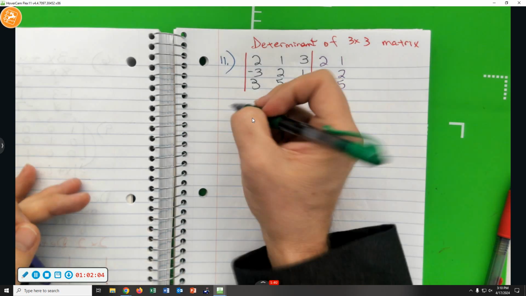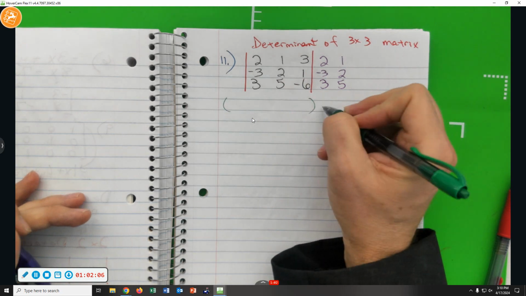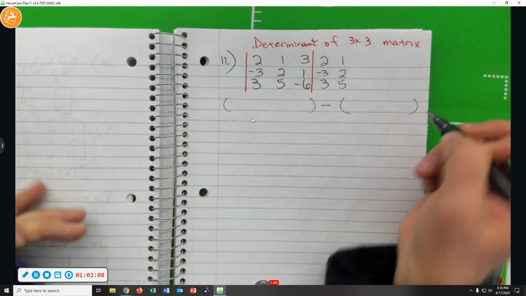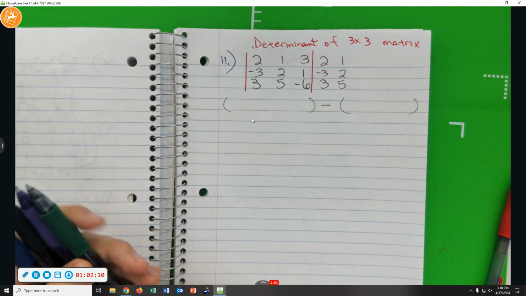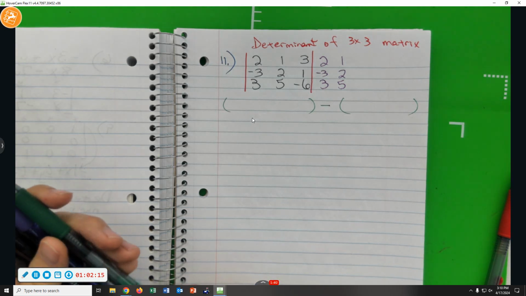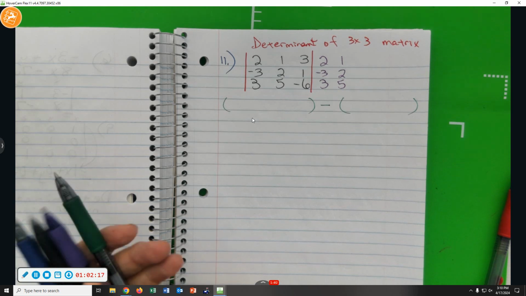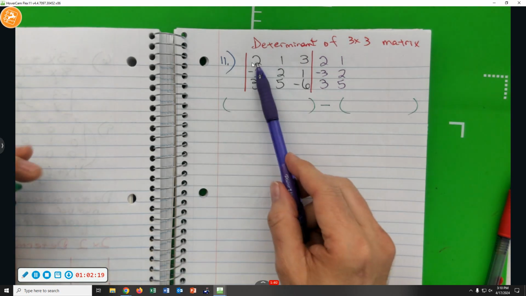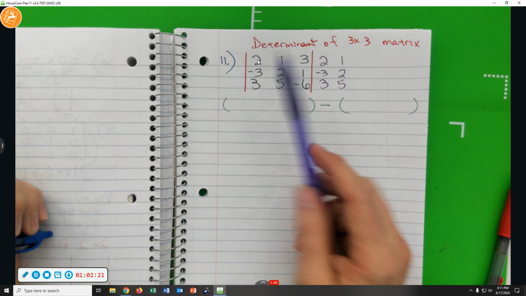You're going to have a big set of parentheses minus a big set of parentheses. Just like with the 2 by 2, you must start in the upper left-hand corner, the first number in the determinant.